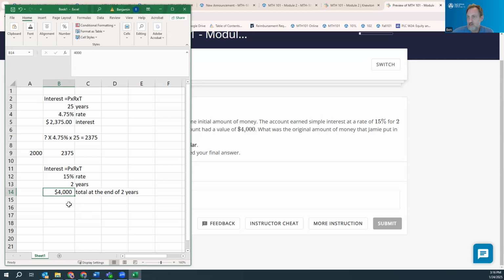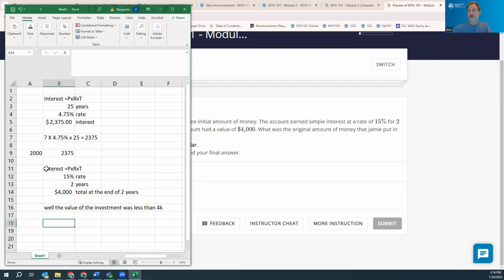Basically, the things I can reason about are, well, the value of the investment was less than 4K. That's one thing I know, because it grew because of the interest and now it's 4,000. But I don't know the interest and I don't know the principal. And that makes that question even harder, but now I kind of know where to start.